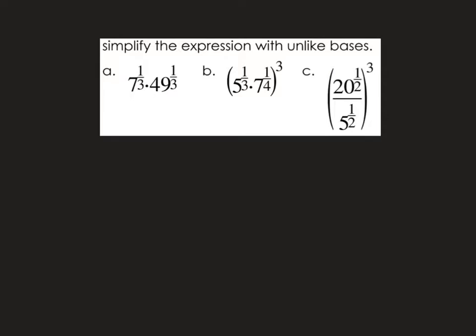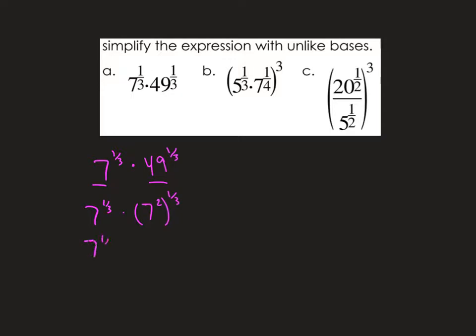And just moving along, so we have 7 to the 1/3 times 49 to the 1/3. Now the problem is these are not like bases. So I'm going to say 7 to the 1/3 times, and I'm going to re-express 49 as 7 squared raised to the 1/3. Now I have a power to a power, so I'm going to evaluate that part.